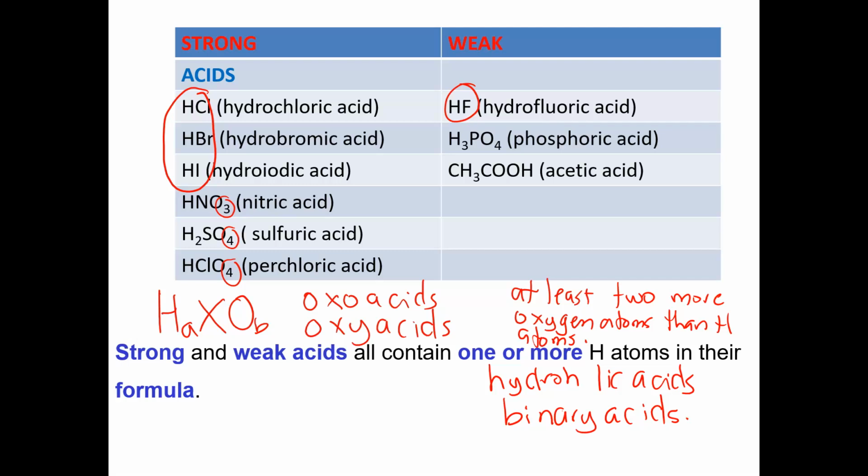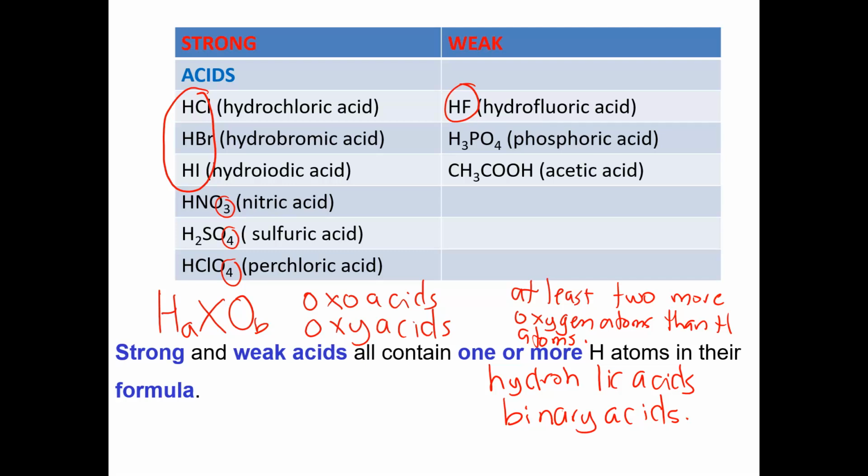In HNO3, we have 2 more oxygens than hydrogen, so nitric acid is strong. In H2SO4, we have 2 more oxygen atoms than hydrogen atoms, so sulfuric acid is strong. In HClO4, we have 3 more oxygen atoms than hydrogen atoms, so perchloric acid is strong.